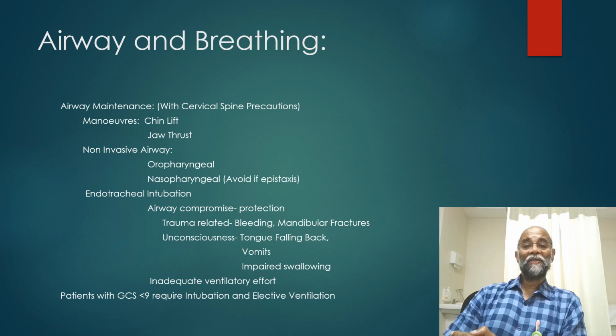Inadequate ventilatory effort is often present in an acute head injury patient when the Glasgow Coma Scale is low. Patients with a GCS of less than 9, that is 8 or less, will require intubation and elective ventilation.